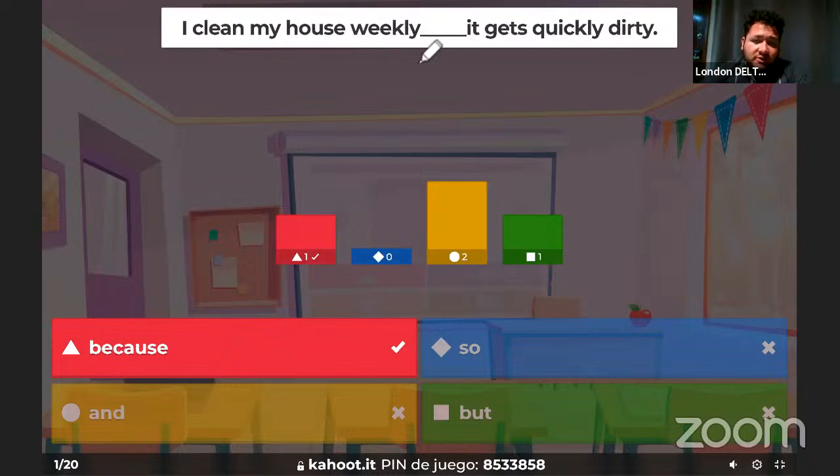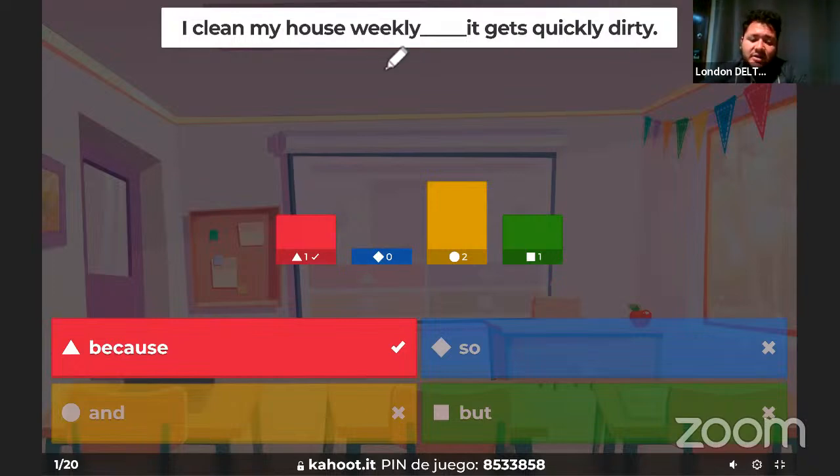Entonces, lo que quiero que ustedes vean aquí es que la separación que tenemos, este espacio en blanco, divide dos oraciones, por así decirlo. Aquí tenemos una oración que tiene una idea principal y aquí tenemos otra oración que tiene otra idea principal. All right. So here we have, I clean my house weekly.